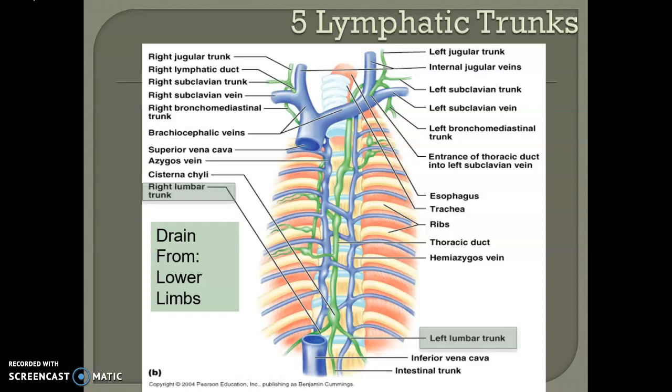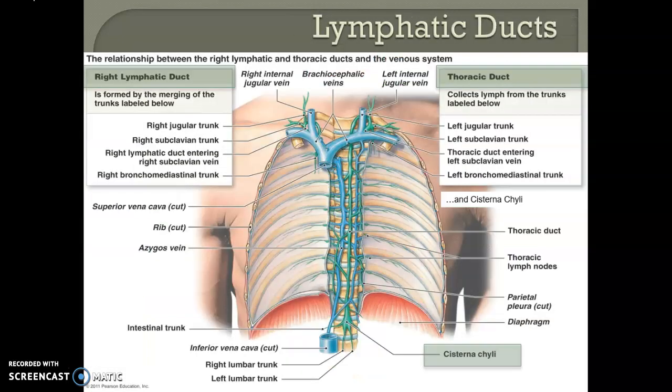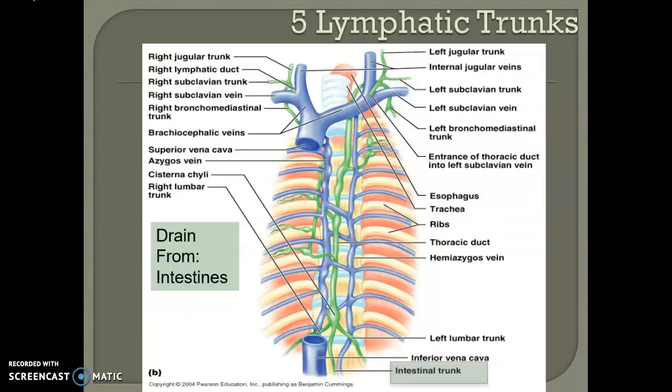Next, we have the left and right lumbar trunks, which drain the lower limbs, pelvis, and the abdominopelvic wall. And we also have the intestinal trunk, which drains the abdominal structures, like the intestine and other organs associated with the intestine.